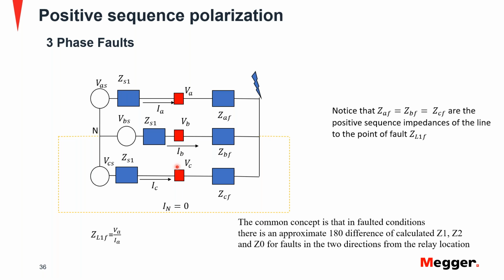So you can either use the positive sequence components if they are high enough, or you can use something called memory polarization, in which the relays, typically if we are talking about microprocessor relays, keep a memory of the last few cycles.